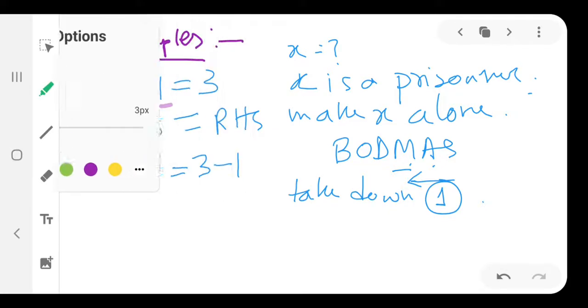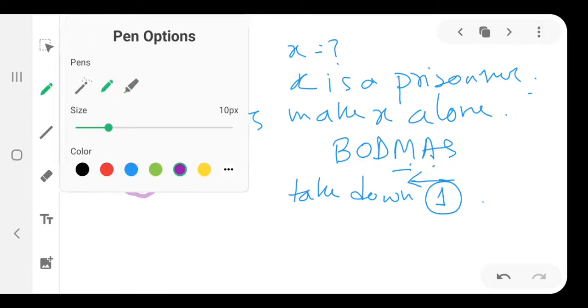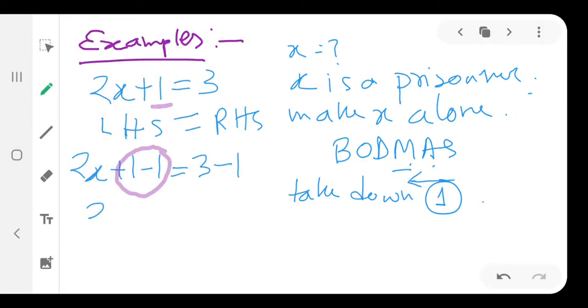See, this part will be 0 because I have taken 1 already. So the next line, what I can write, 2x plus 0 is 3 minus 1, that is 2.